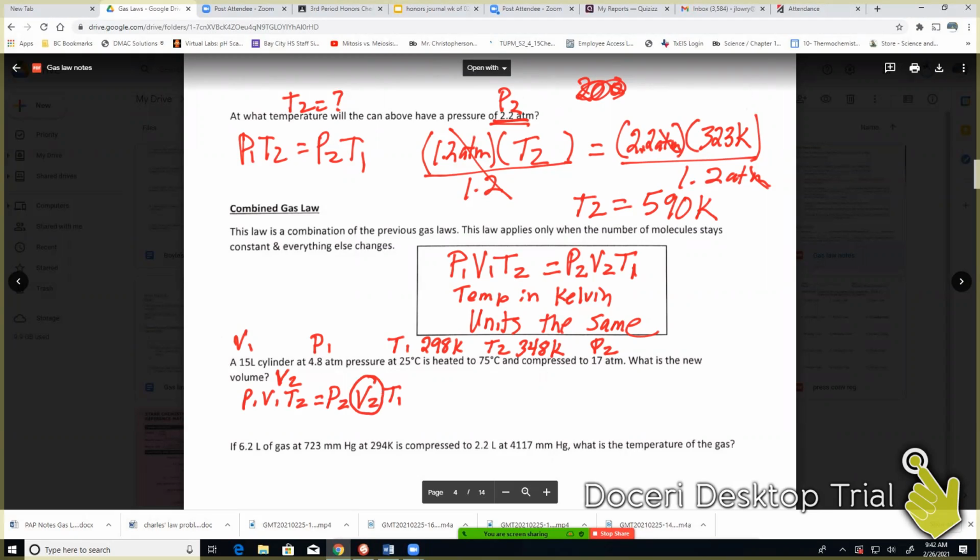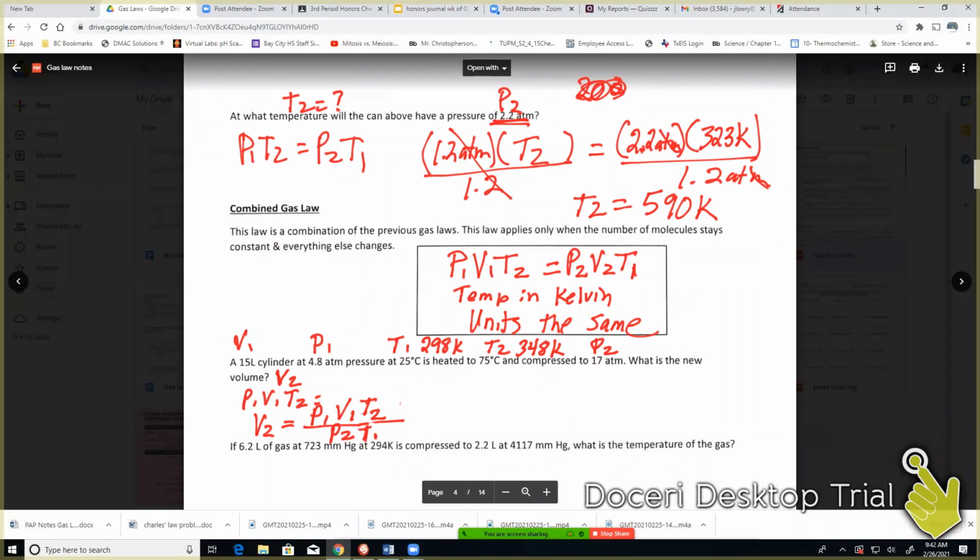They'll be on the bottom. So V2 is equal to P1, V1, T2 over P2, T1.